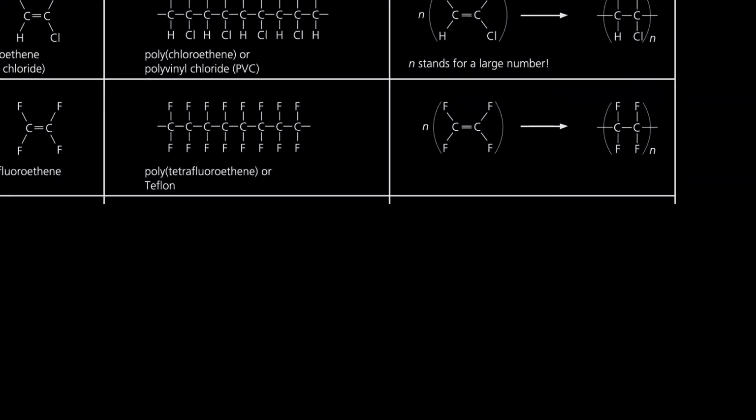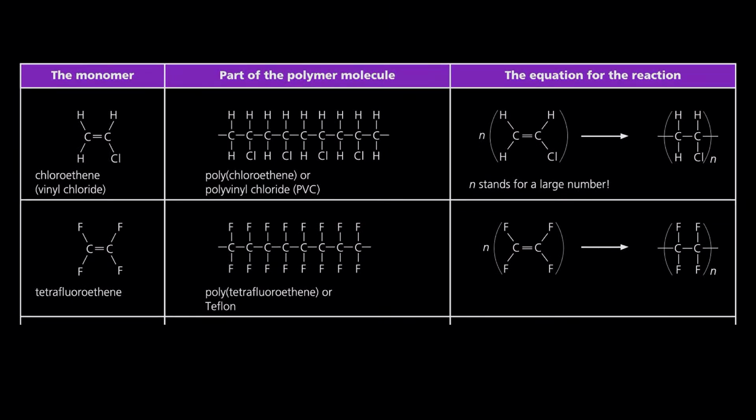Now, what I'm going to show you is this fellow right here. These are basically two examples. Remember CH2=CHCl, that's the monomer. It's called chloroethene, and that's the polymer, polychloroethene. The old name for this is PVC. Pipes are made of this polymer.